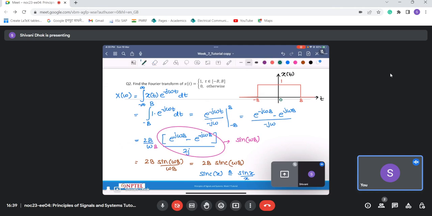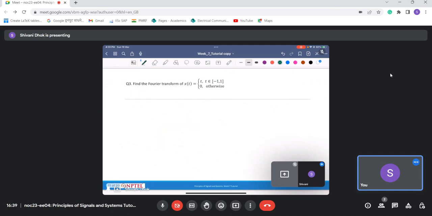So with that, let us look at another question. The next question that we have is this. We have x(t) equal to t, for t ranging from minus 1 to 1, and it is 0 otherwise. So what we are having here is something like this.